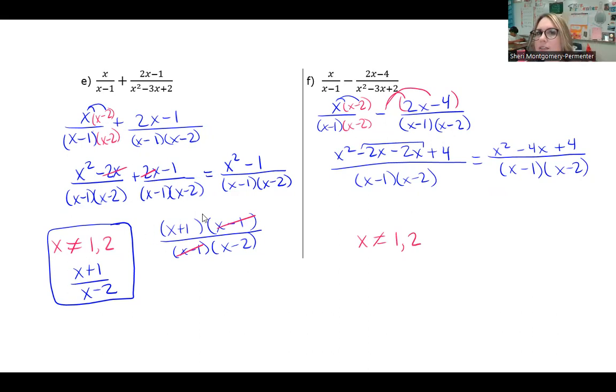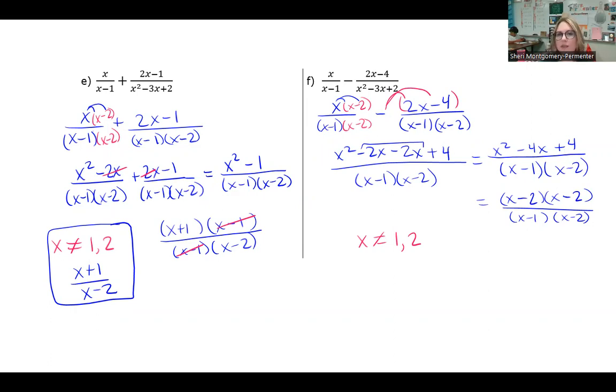Is the numerator factored? Is that already factored? Remember, when you're factored, you look like this. Is this factored? No. So we're going to have to factor. Two things that multiply to give you 4 and combine to give you -4: 2 and 2, my middle term is negative. If I have -2, I would have to subtract 2 to get to -4.